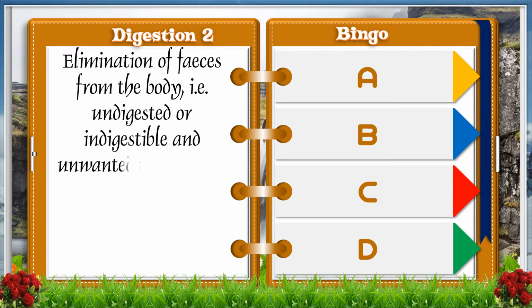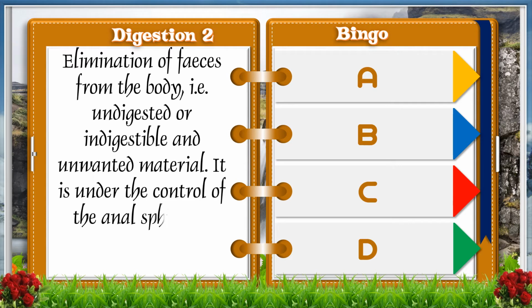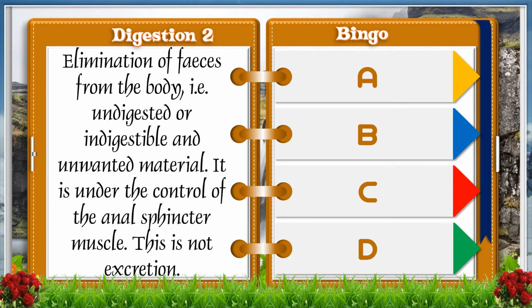Elimination of feces from the body, i.e. undigested or indigested and unwanted material. It is under the control of anus sphincter muscle. This is known as excretion.